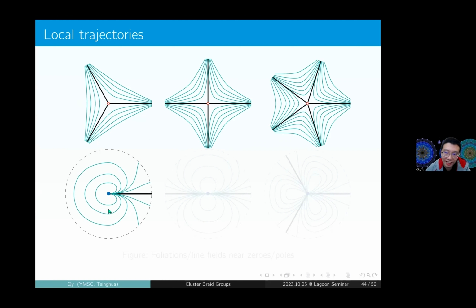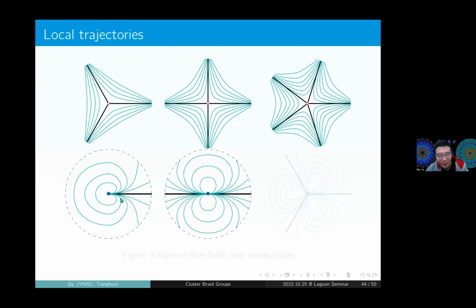You still use Im w equals 0 to calculate the foliation, and you have one distinguished foliation here. But unlike the zero, where nearby there are only 3 things going to the zero and the other horizontal ones will just pass through, here everything will go to this pole.